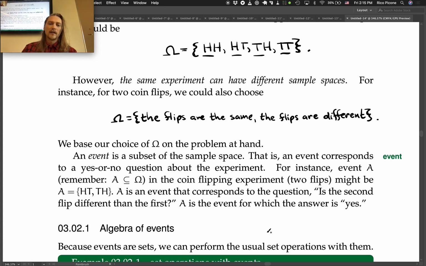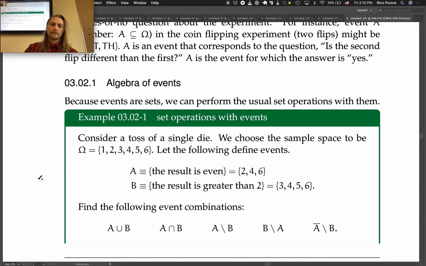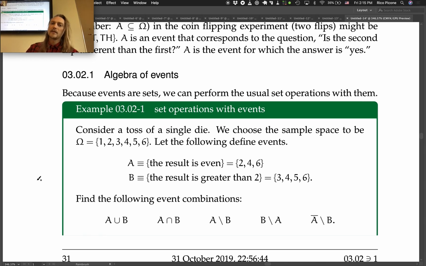A is an event that corresponds to the question, is the second flip different than the first? A is the event for which the answer is yes. Because events are sets, we can perform the usual set operations with them.